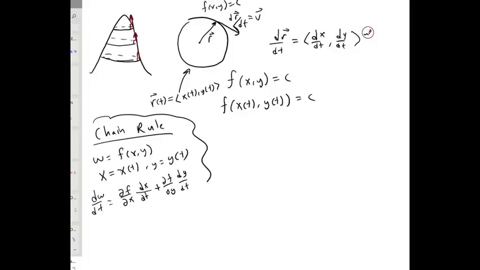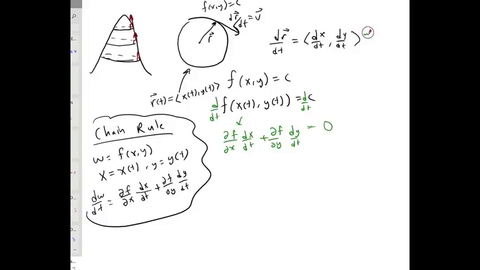So if we use this chain rule, take the derivative of both sides with respect to t, this side here is going to be df dx times dx dt plus df dy times dy dt, and the derivative of a constant is just 0. But you can see that this is a dot product. We have these two, df dx comma df dy, dotted with dx dt comma dy dt, and their dot product equals 0.